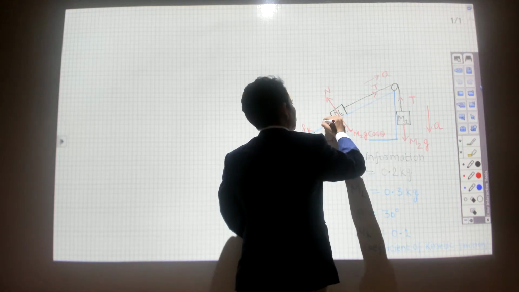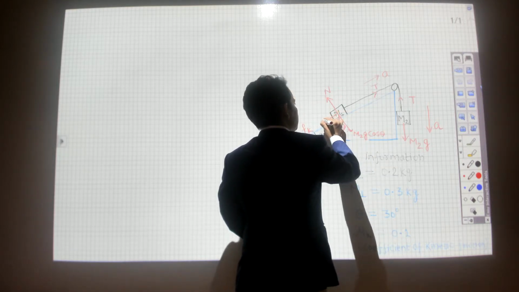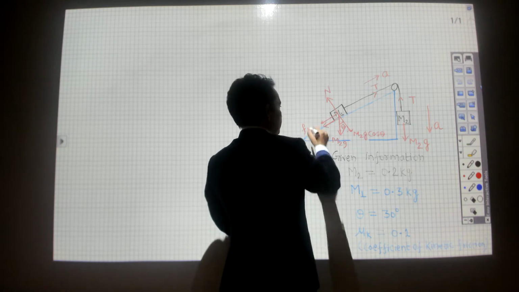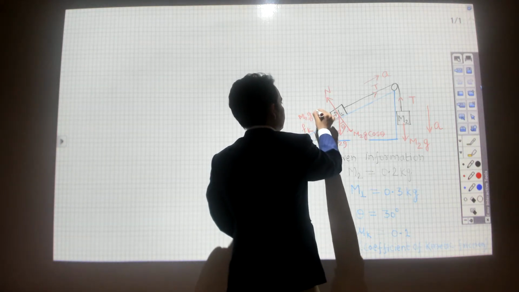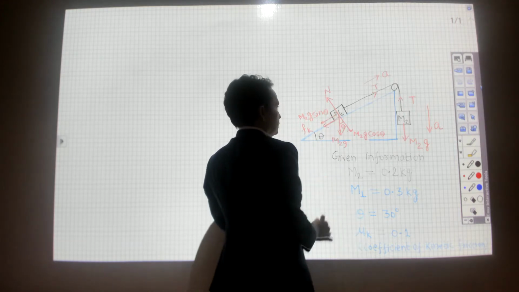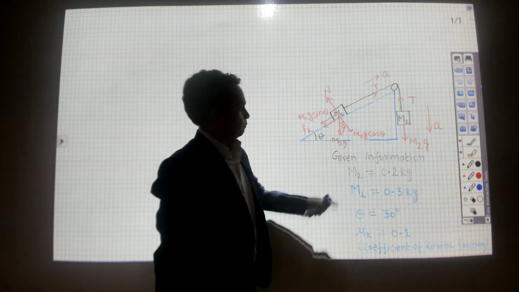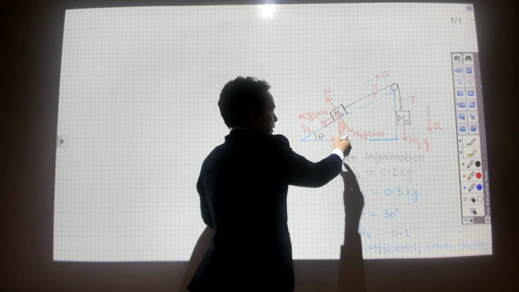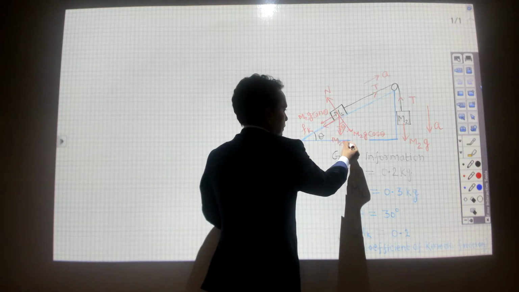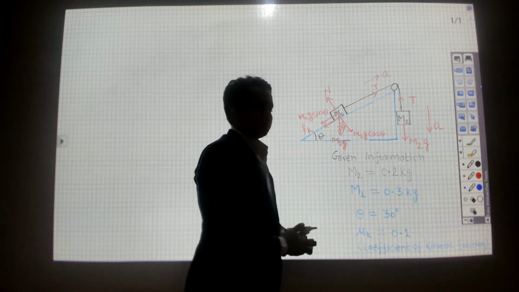And the other component, which is parallel to the inclined plane, is m2g sine theta. So I have all the forces. I don't need the original force anymore because I have resolved this m2g into the two components.